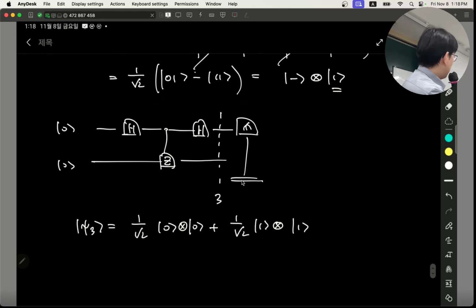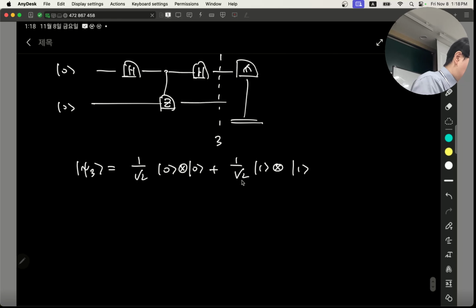When I do the syndrome measurement, I only take one data qubit and one ancilla qubit. If you want to increase the number of data qubits, you can just add more. Okay, so let's look at this one.